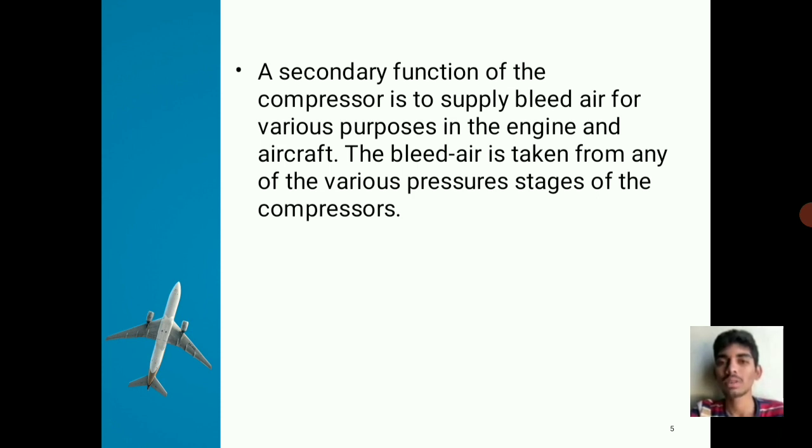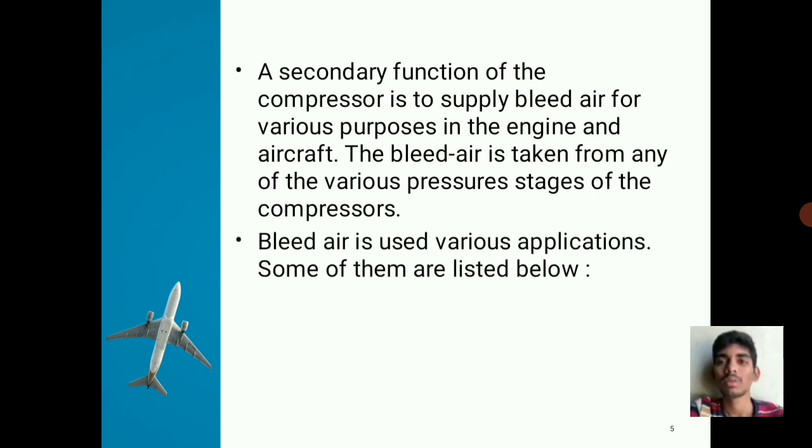As students, you may wonder what is meant by bleed air. Bleed air is air which the compressor compresses and saves for specific purposes, used when the air quantity is not properly balanced.